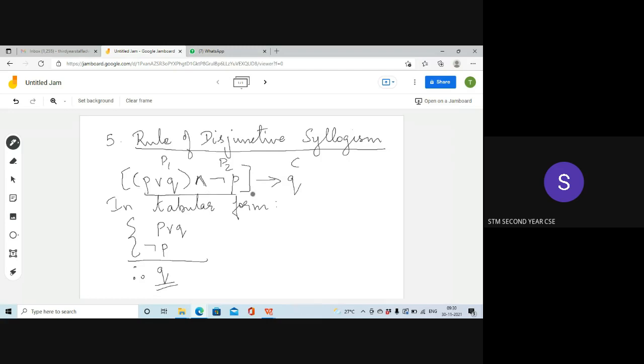If you remember the tabular form, just study that, and if you are asked to write the implication form, convert it: P or Q and not P, the whole thing implies Q. This is the logical rule of disjunctive syllogism.